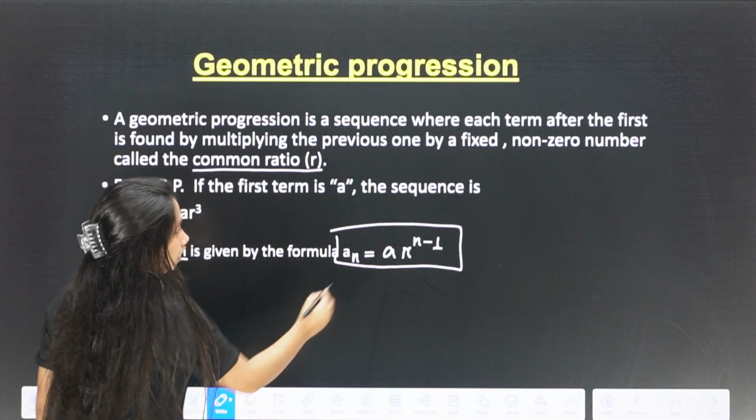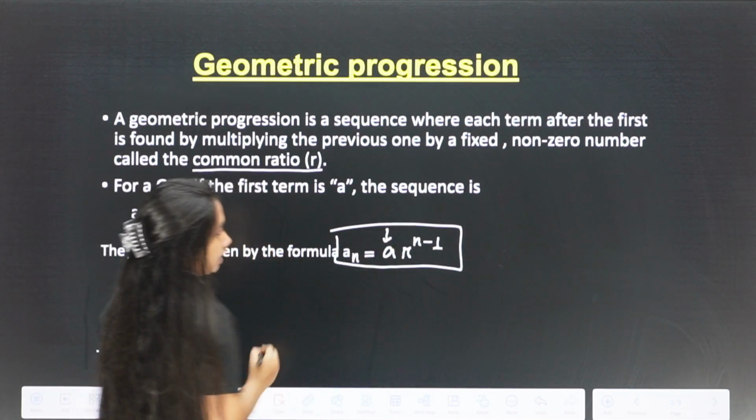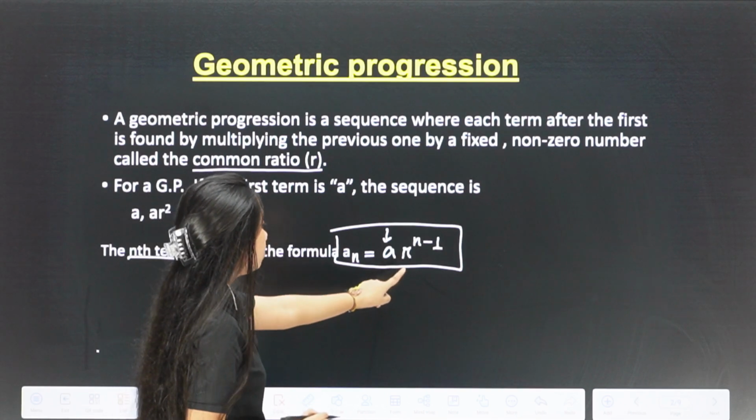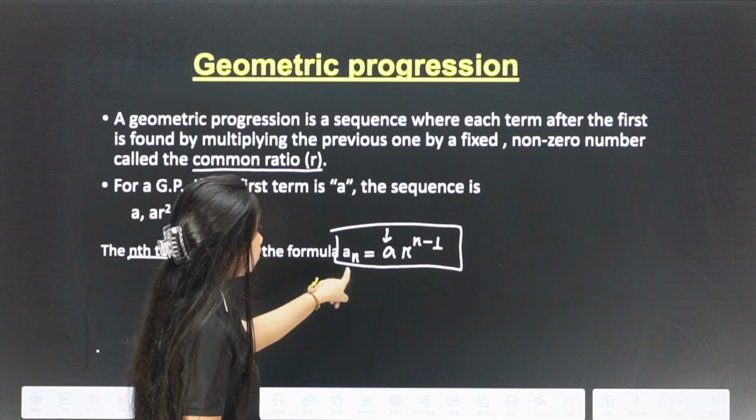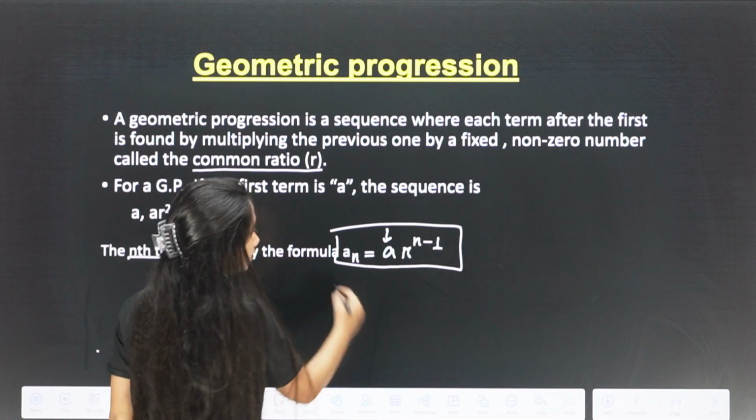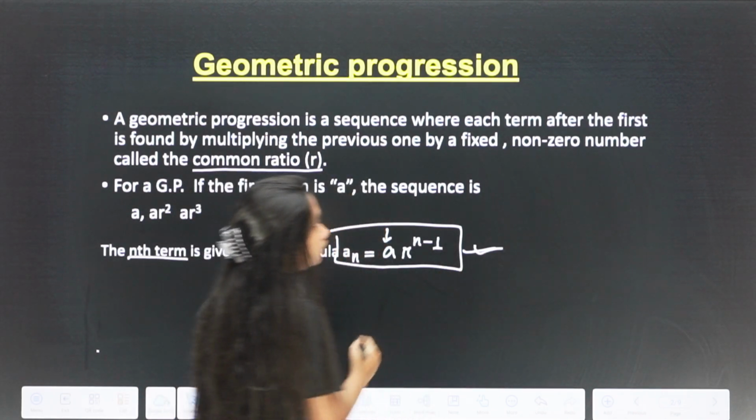Here A is the first term and R is the common ratio, and n is the term we are asked to find, so we simply use this formula.